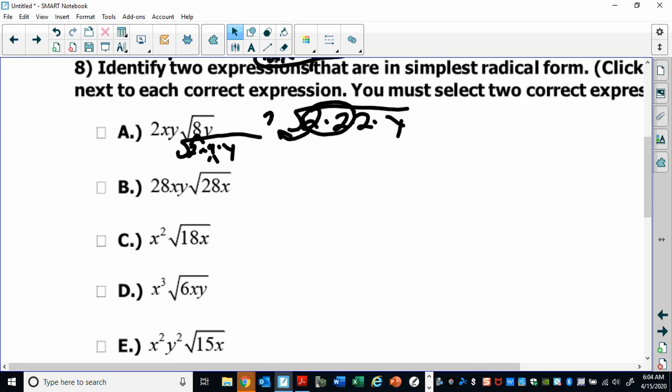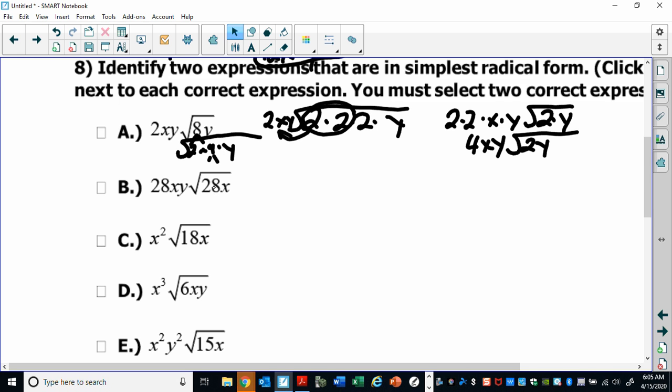Remember, we have our 2xy out here. So now if that 2 is out, we have 2 times 2 times x times y times 2 times y. How would we simplify this? Well, this would just simply be 4xy times 2y. So yes, this is a simplified version of that.